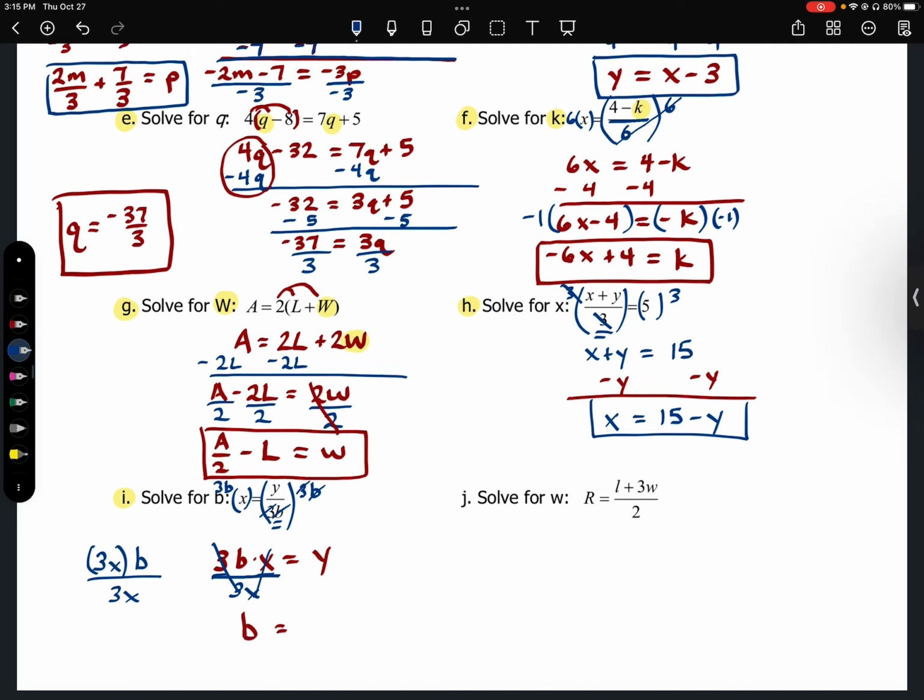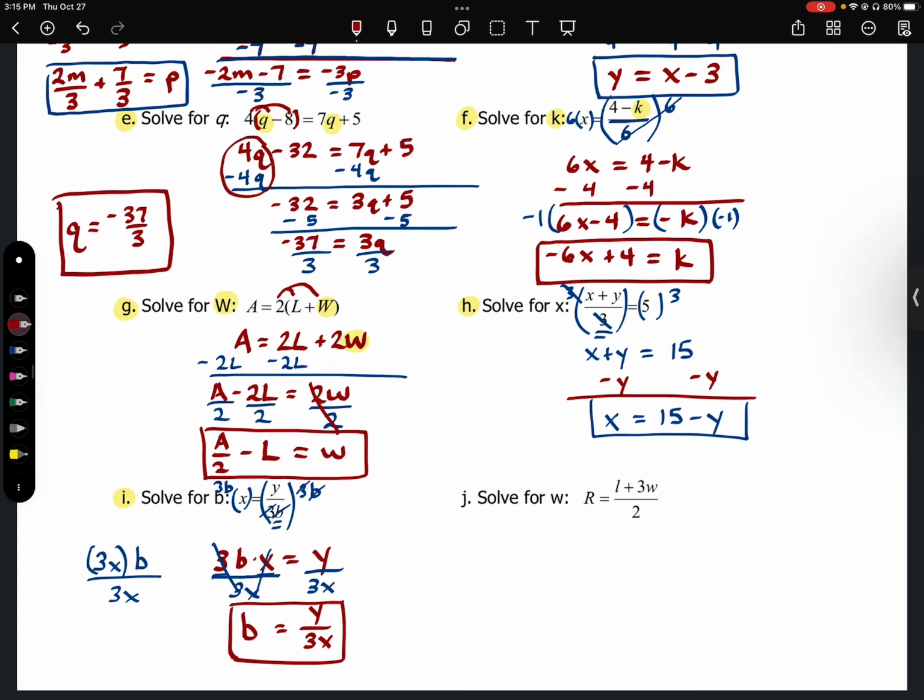And then on the other side, divided by our 3x. And since there's nothing that will really cancel, we have y over 3x. So that is what our b is. b equals y divided by 3x.